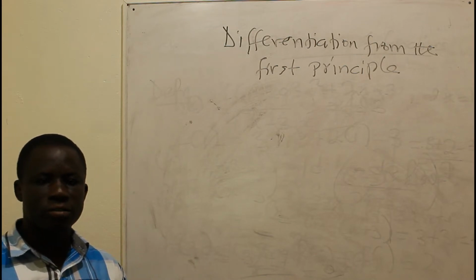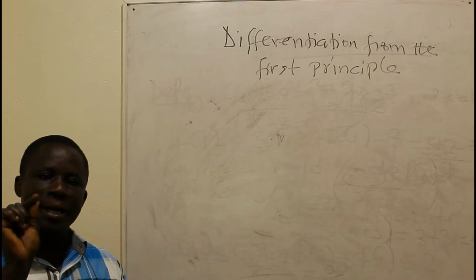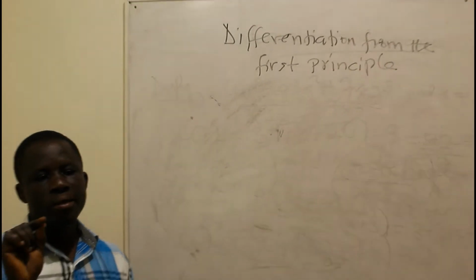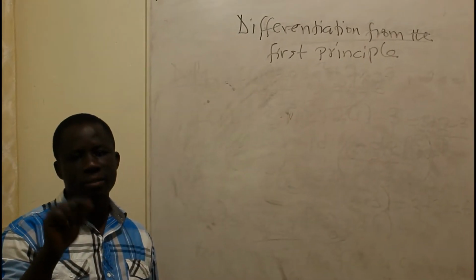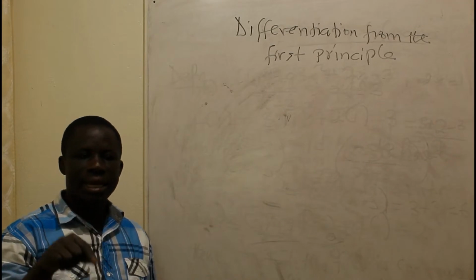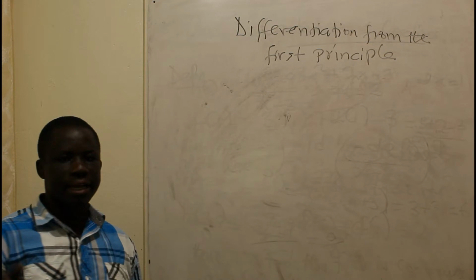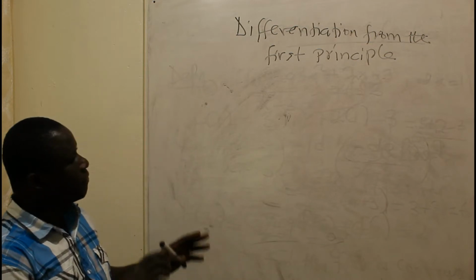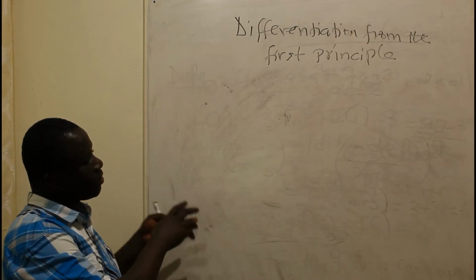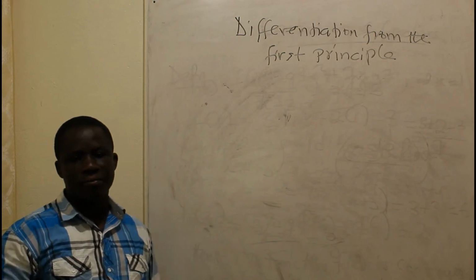Differentiation is about the slope of functions at a particular point. So, we try to find slopes of functions at a point as the function moves in the Cartesian plane.